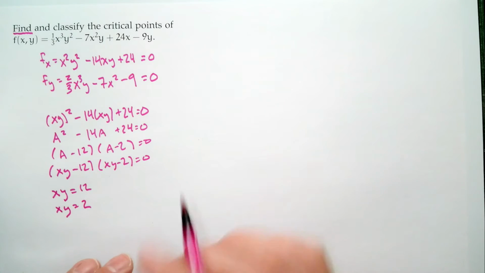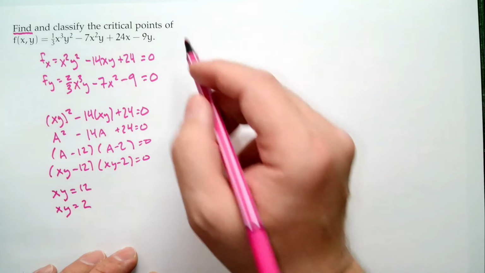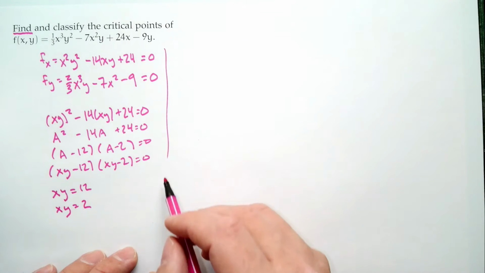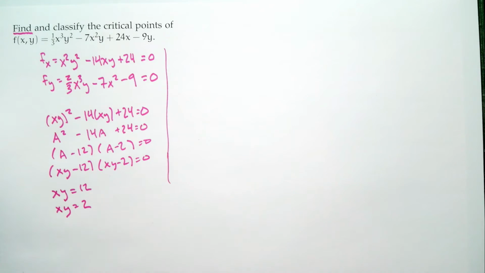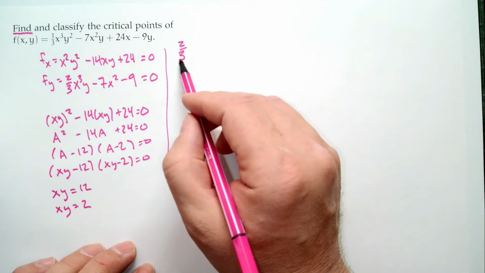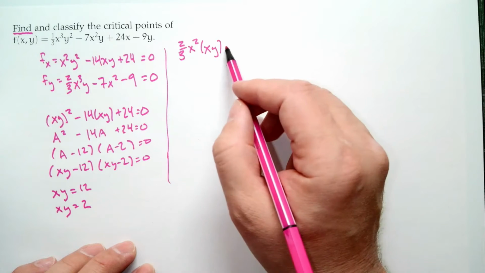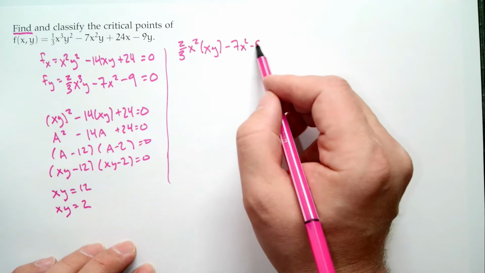Now, that's just the f sub x. Let's use it for f sub y. How do we use it? Well, one thing you can do is solve for y and substitute. But there's another way you can think about it. You could think of f sub y as really 2/3 times x squared times xy minus 7x squared minus 9.